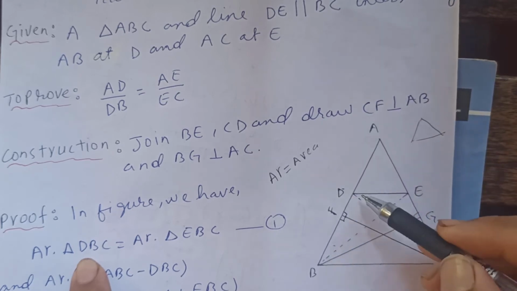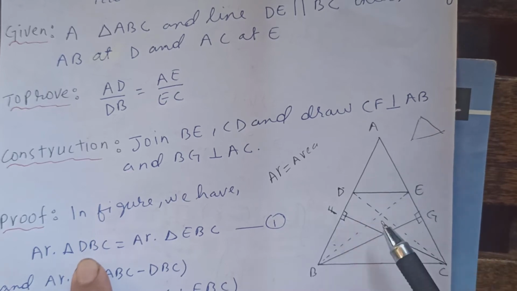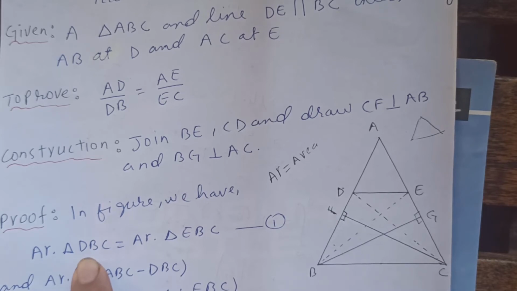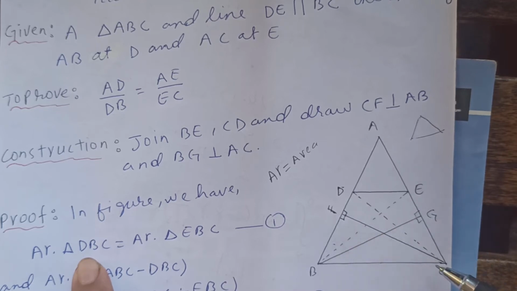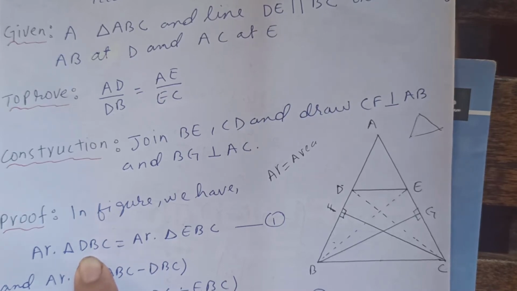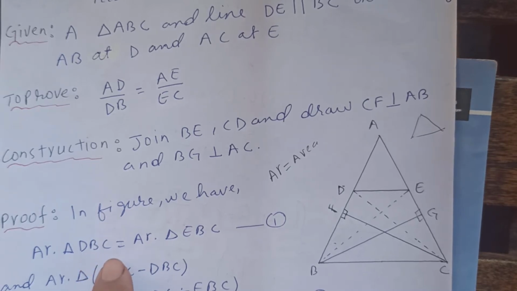This triangle with the dotted line, and this triangle will be equal in area, because there is one theorem that in any triangle these areas are equal. I'm going to prove that in my next video maybe. Anyway, in this video, let's say that it is true.